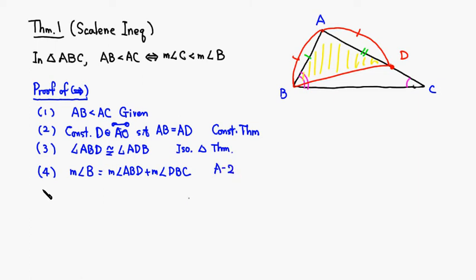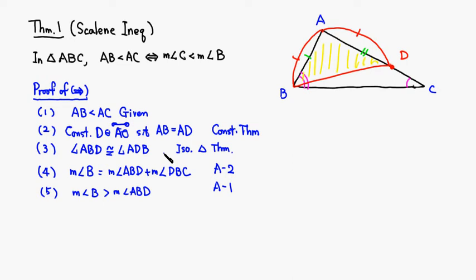And 5, if you drop the positive term, we know that the measure of angle DBC is positive, so the measure of angle B is larger than the measure of angle ABD. This comes from A1, which tells you that the measure is always positive.